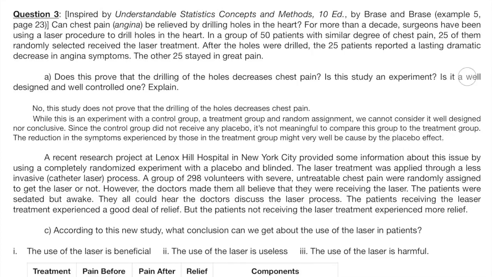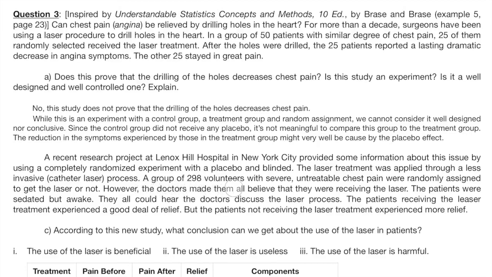All this answers also question B. Let's read the last part. At the Lenox Hill Hospital in New York City, a new experiment is conducted. On this occasion, it includes random assignment, a placebo, and is blinded. Patients are randomly assigned to the treatment group or the control group, but all of them think that they are receiving the laser procedure.